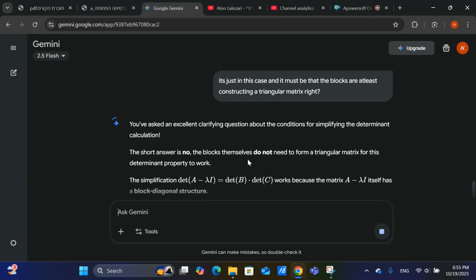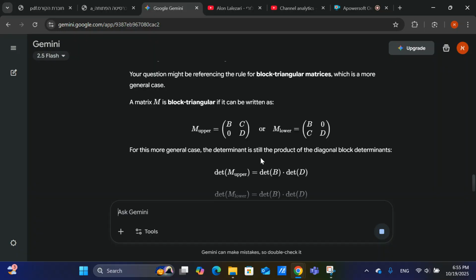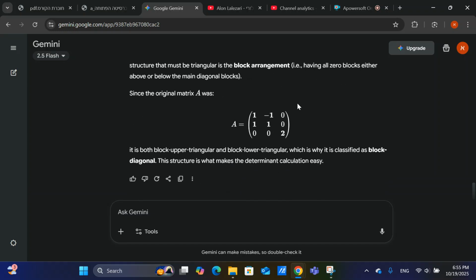Maybe you won't understand me, but here it is. A matrix M is block triangular, written this way or that way. You need at least that, and then you can take the determinant of M by calculating the determinant on the diagonal blocks and multiplying them. So I can just ignore the C.